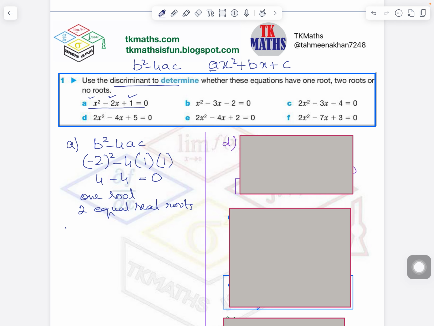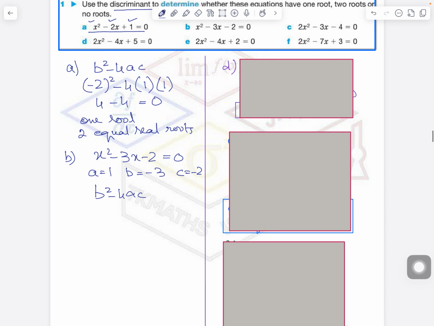Okay, now let's do b. b is x square minus 3x minus 2. a is 1, b is minus 3, c is minus 2. So you will write the discriminant and then substitute the values here.